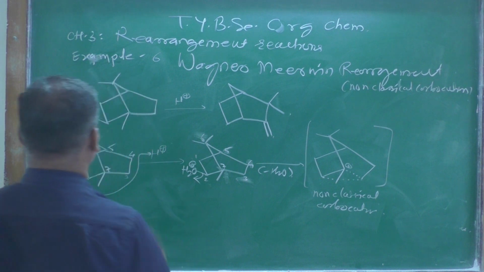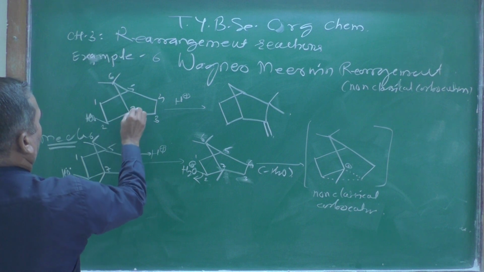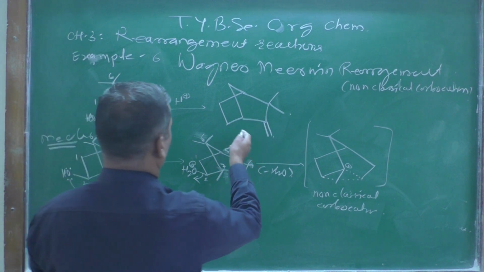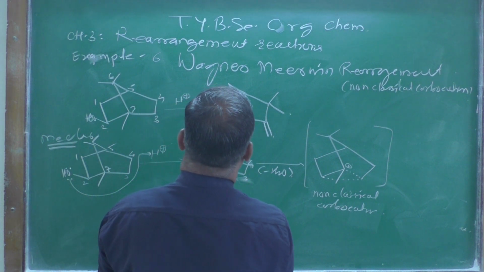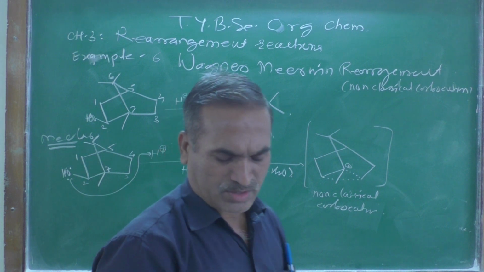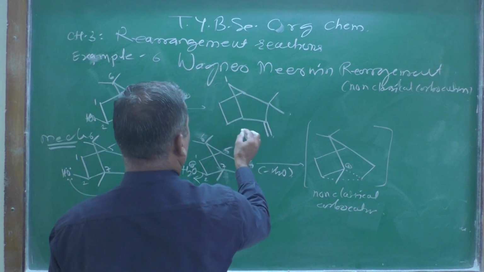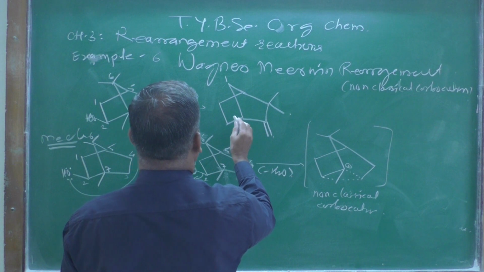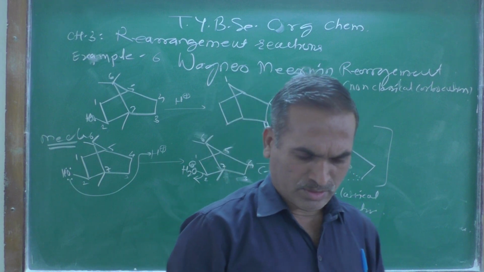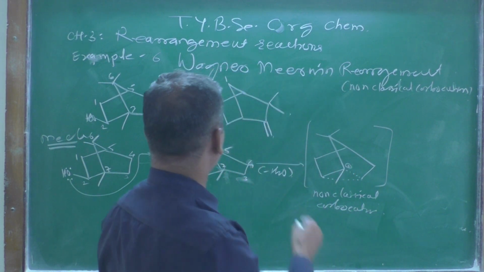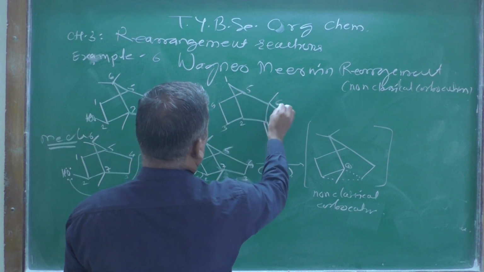Means if you see over here, this is 1, 2, 3, 4, 5, 6, 7 like this. So here how do you get the numbering? From which side are we going to get the numbering again? Here is a 1, this is a 1, 2, 3, 4, 5, 6 and 7.